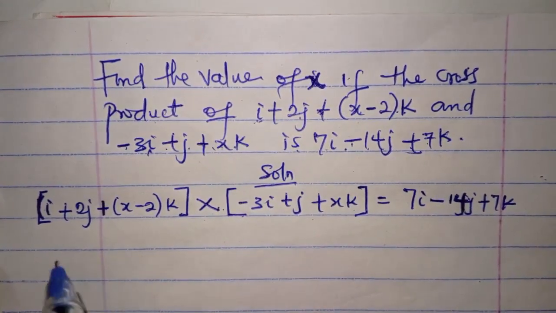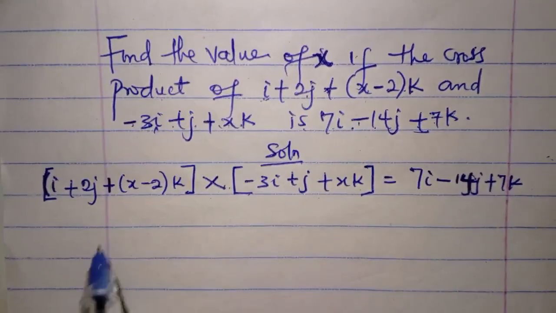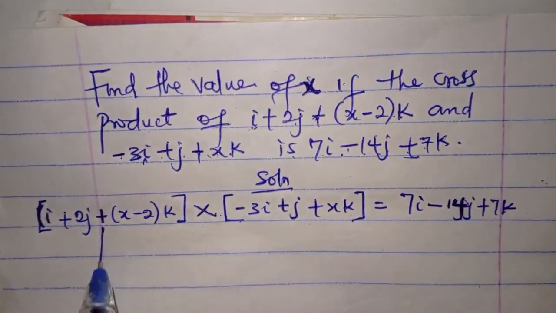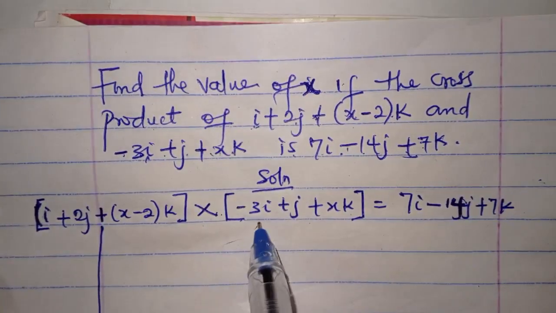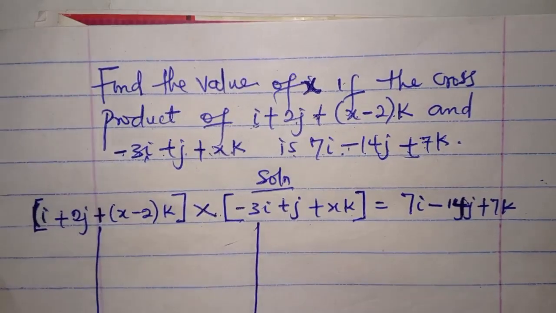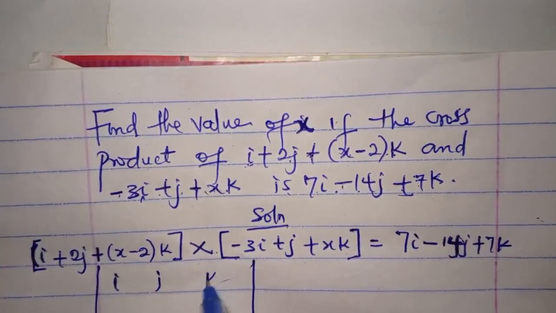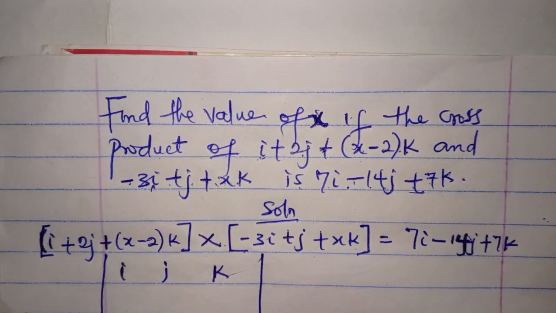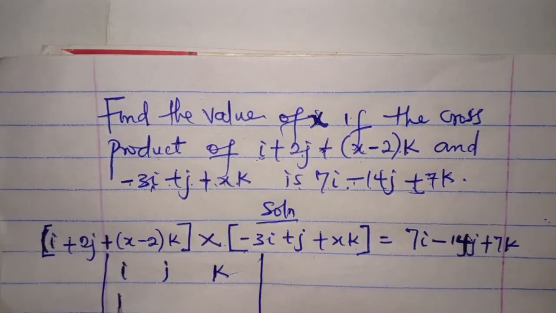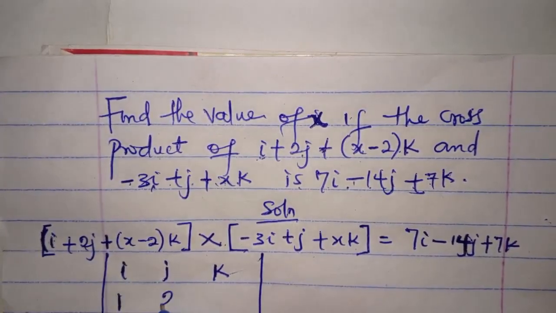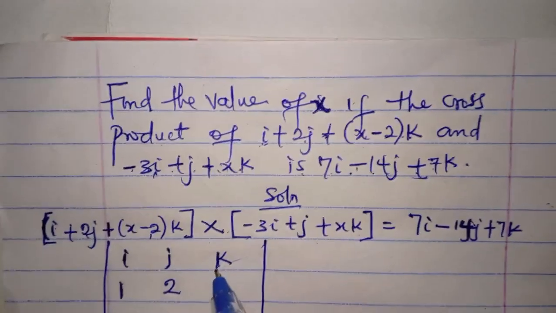For cross product, this is it. We have the determinant, okay, i, j, and k, and their corresponding coefficients. The coefficient of i here is 1, of j here is 2, of k here is x minus 2, right?